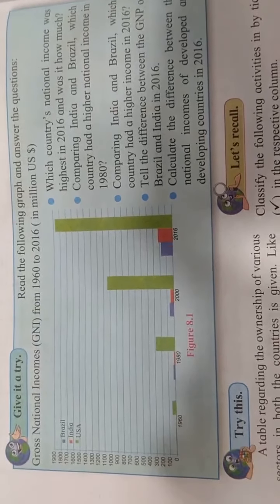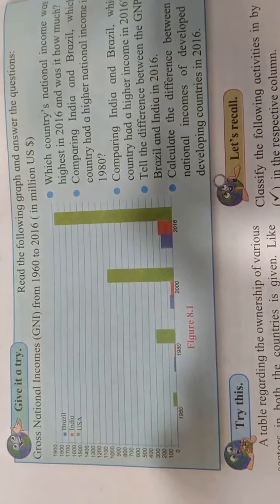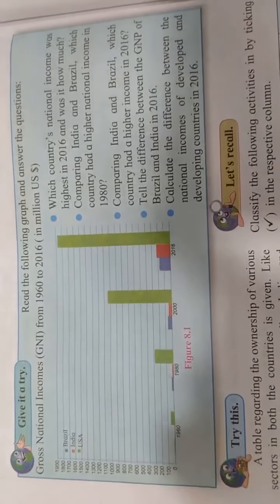So this is what is in front of you, a graph reading question, and a similar type we are going to see: question number 6A as well as question number 6B simultaneously.